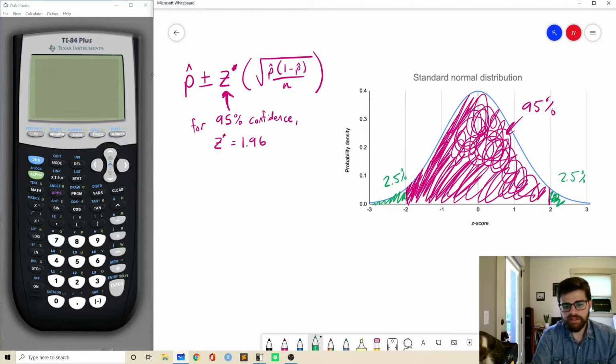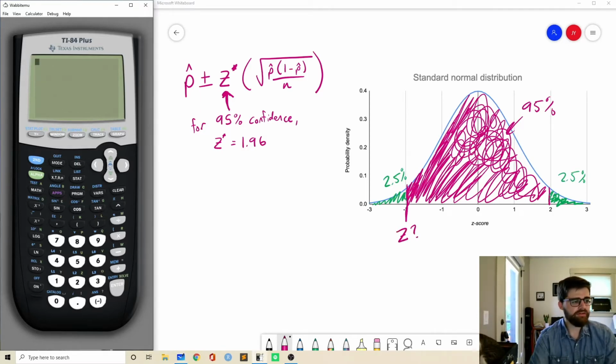Now, if I want to know what z value right here would cut us off to give us that middle 95%, there's some z-score that'll do that. I can use my calculator, or you can use table A for this. I like using the calculator. It's a little bit easier. Go to distributions and go to inverse norm. And remember, inverse norm tells you what area of the curve is to the left of that value.